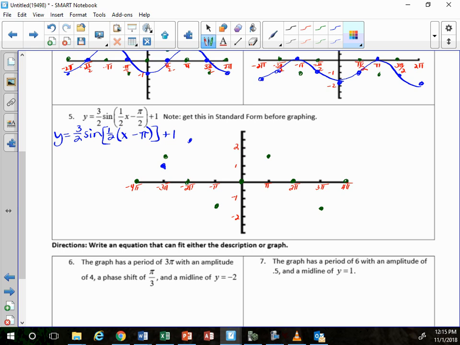Yes. Your midline is at 1? Yes. And your minimum is at negative 0.5? Should we draw them? You don't have to. You can if it helps you, absolutely. And then I know the ending and the beginning. Oh no, I did it right.